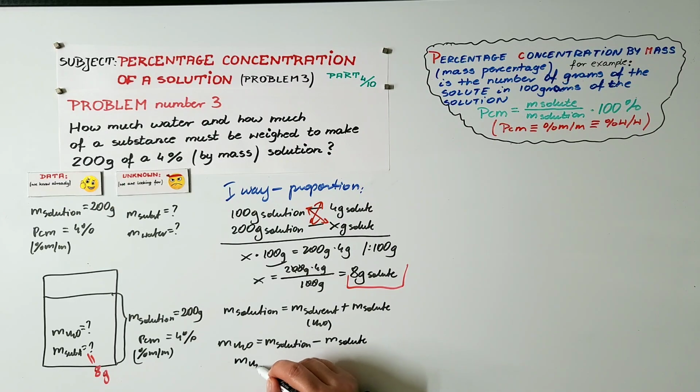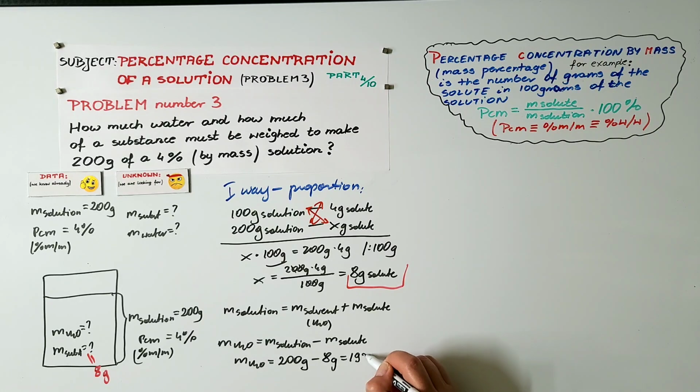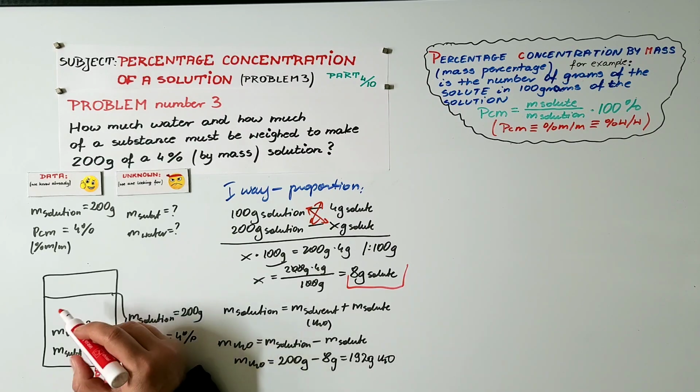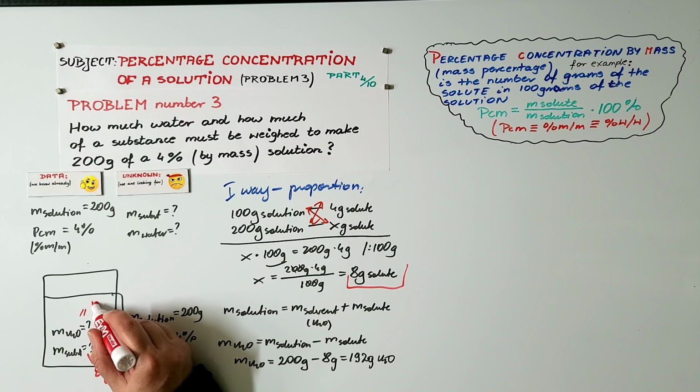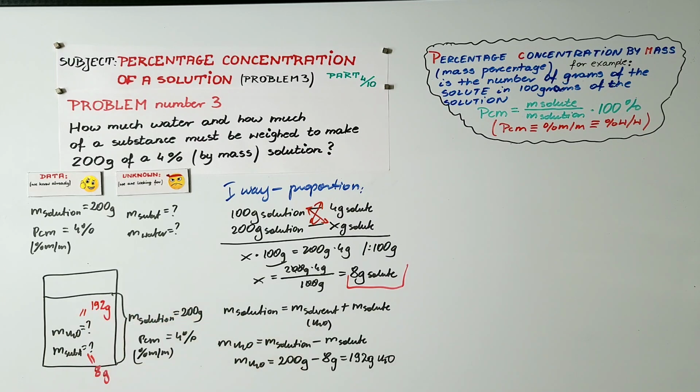So mass of water equals 200 grams minus 8 grams equals 192 grams of water. So answer for this problem: to prepare 200 grams of 4% by mass solution, we must weigh 8 grams of substance and 192 grams of water.